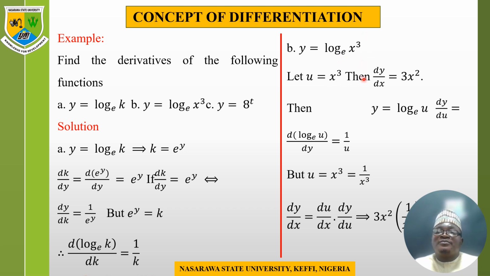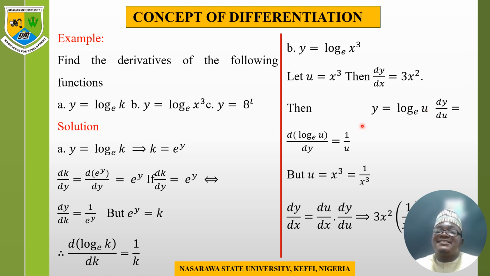Now, when you differentiate this one with respect to x, the coefficient here is going to be 3. The coefficient of x is 1. 1 multiplied by 3, you get 3. When you minus 1 from the power of x, we get back to this. Then y equal to log u, because we let this place be log u.